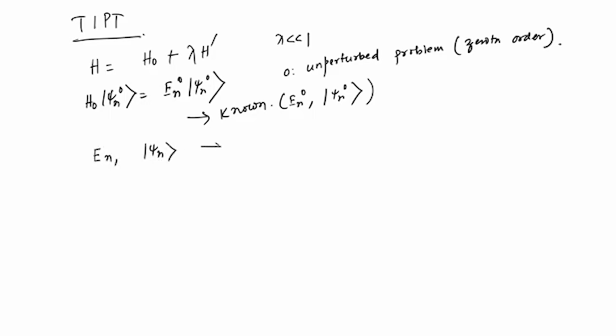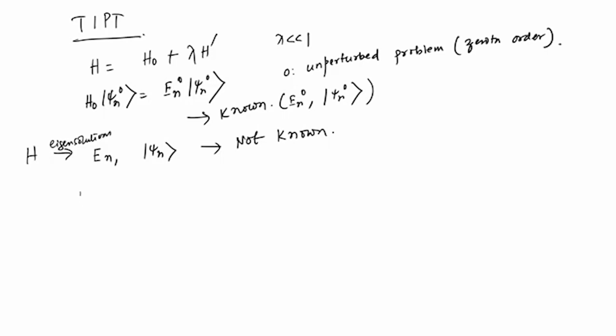So, these are not known, and what are they? They are the eigen solutions of H, which means the Hamiltonian has these as the eigenvalue and the eigenvectors, and that is not known.